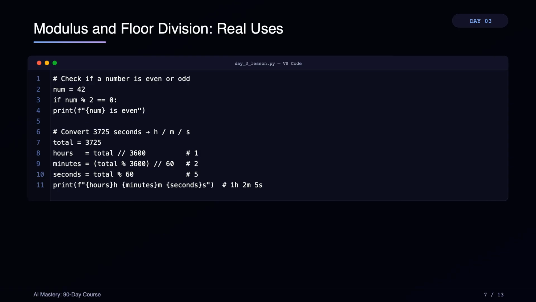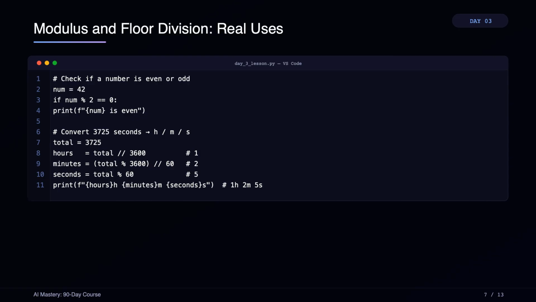Take 3,725 seconds. To find the hours, you floor divide 3,725 by 3,600, because there are 3,600 seconds in an hour, and you get 1. To find the remaining seconds after removing the hours, you compute 3725 modulus 3,600, which gives you 125.